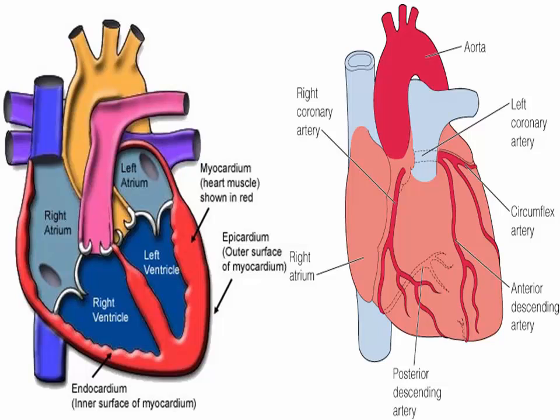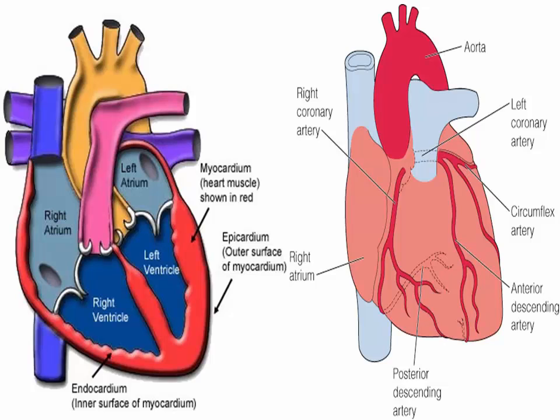The outermost layer of the epicardium is the pericardium. It's that double membranous sac. We talked about that when we talked about lungs and the pneumothorax. So here's the same idea, that it allows the heart to beat and move without causing friction against adjoining organs.